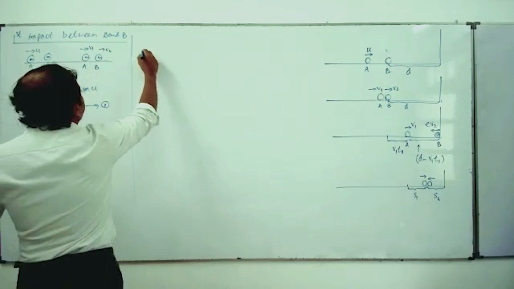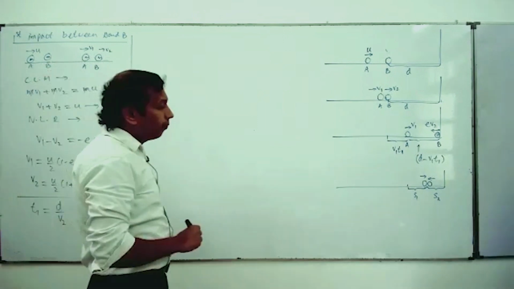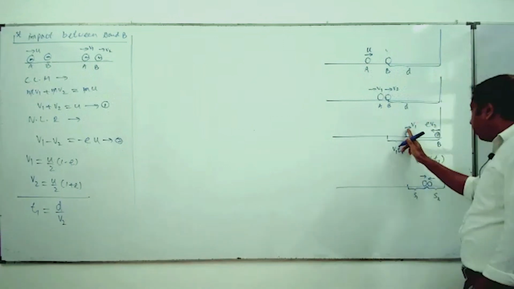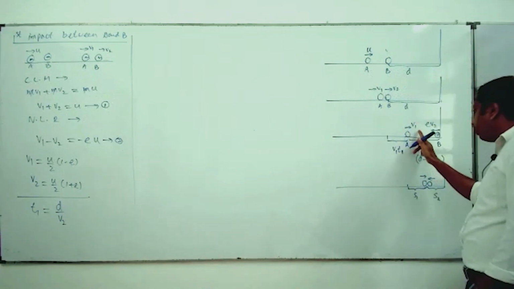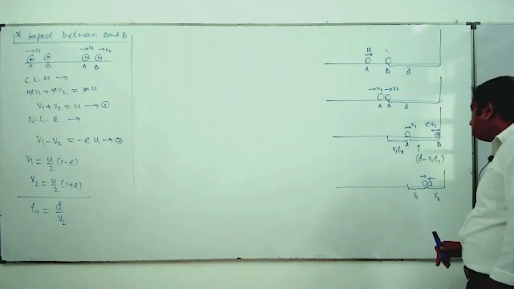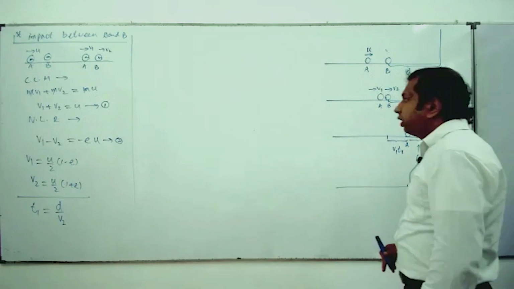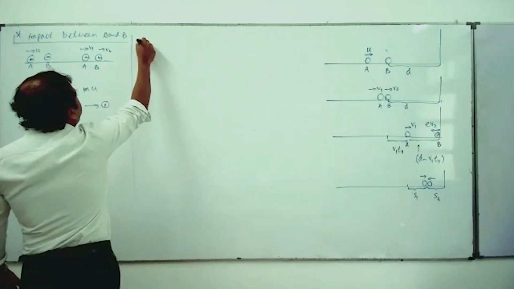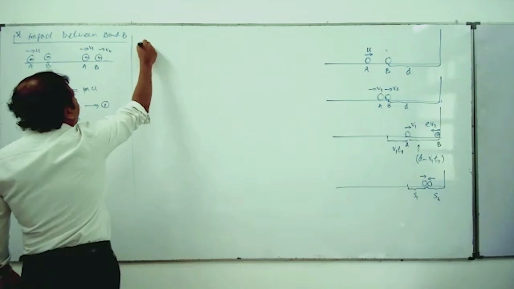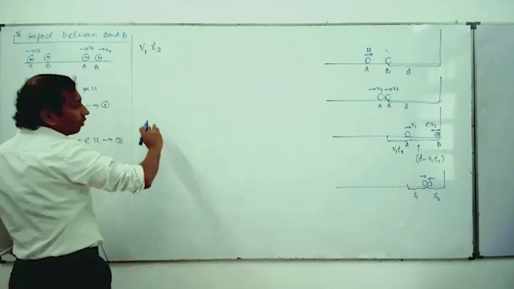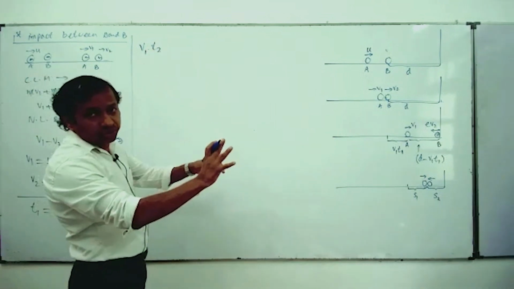Here, A moves still with V1 velocity towards the wall, but B moves away from the wall with EV2. Then the time is T2, then A moves a displacement V1 into T2. That's the displacement traveled by A towards the wall.